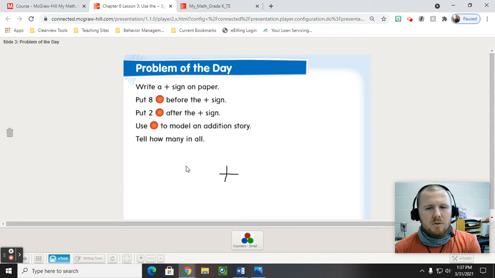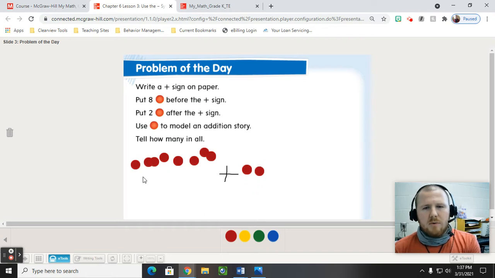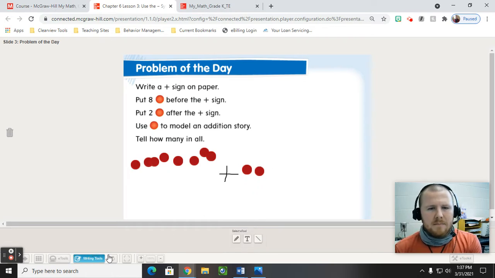Let's do 1, 2, 3, 4, 5, 6, 7, 8. Then it says put 2 dots after the sign. 1, 2. Okay, so we have 8 and then 2 more because the plus sign gives us more. So I'm going to put 8 plus 2.